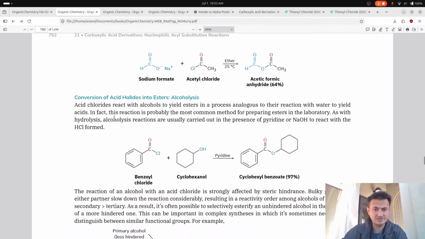Okay, esters. Ooh, look at that. That looks good. Acid chlorides react with alcohols to yield esters.